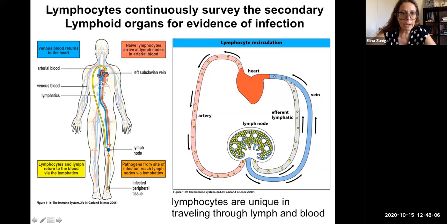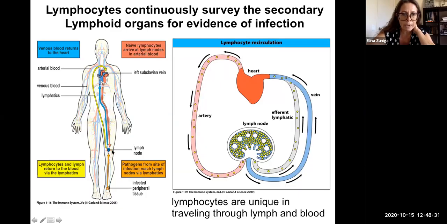And again, this is most of what we already said. So here you have naive lymphocytes that will arrive at the lymph node in the blood artery. Okay, so here is the lymph node. They arrive via the blood artery, as we just said a couple of seconds before.